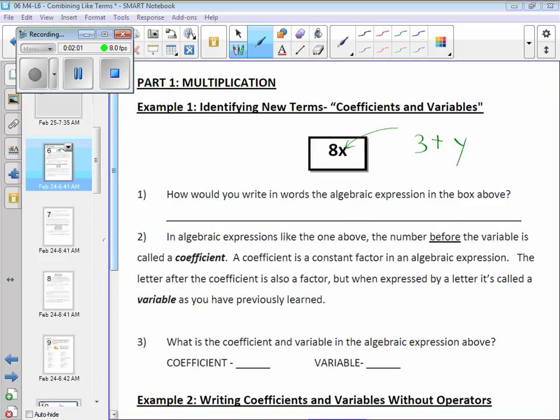Okay, so if I ask you to put this in words, 8 and an x, what operation did you tell me? So it's 8 times whatever variable I'm giving you for x. Good so far? Piece by piece, we're going to take it slow.